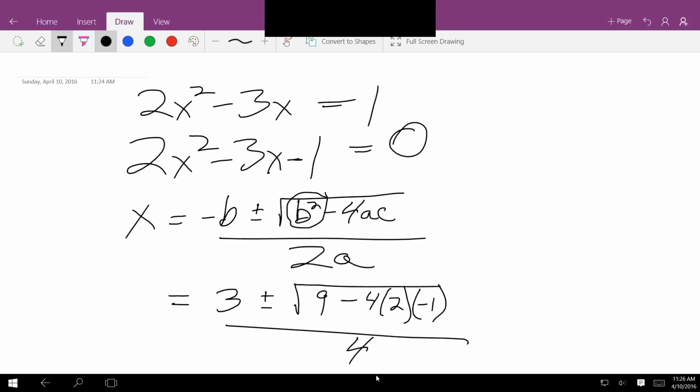Okay, now what? Now let's do the 9 minus 4 times 2 times negative 1. So the negative 4 times the 2 equals negative 8. No, I would not suggest multiplying it in. Let's call that subtraction right there, and what we're subtracting is the 4ac. To me, that's the safest way to do these.